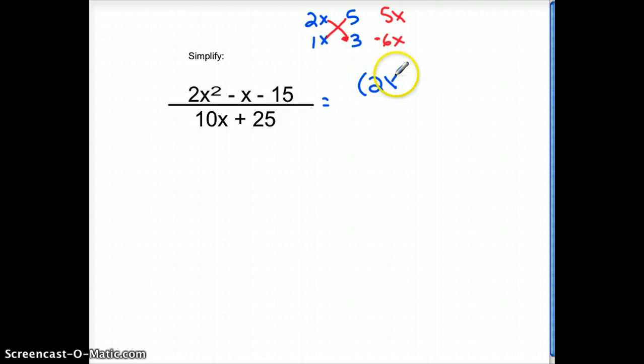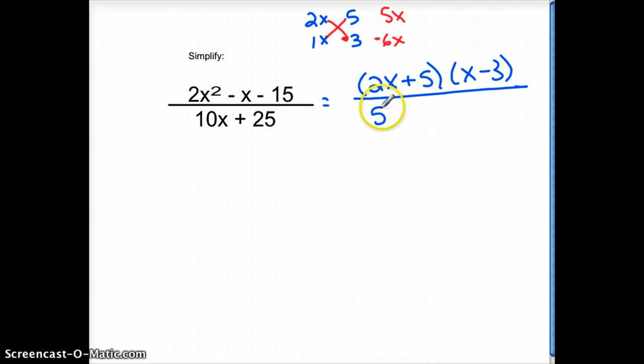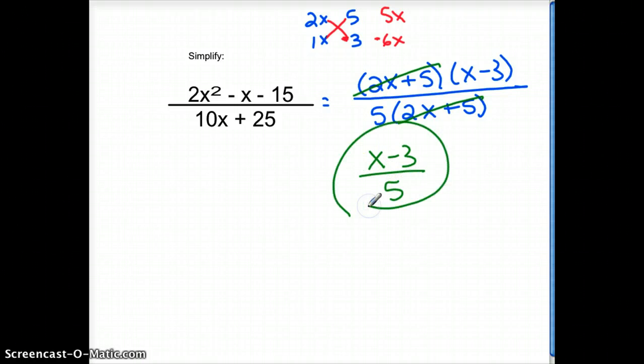So this should be 2x plus 5 times x minus 3 on the top, the numerator, and then the bottom it just has a GCF, 5 goes into it, so it's 5 times 2x plus 5. Okay, again, look for common factors. I see a 2x plus 5 and another 2x plus 5, and then all I'm left with is x minus 3 divided by 5 for my simplified fraction. Okay, here's another good one to try on your own.